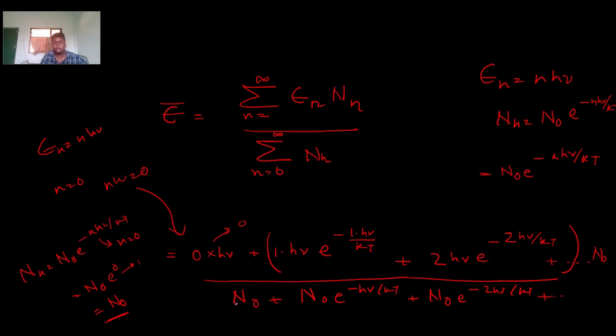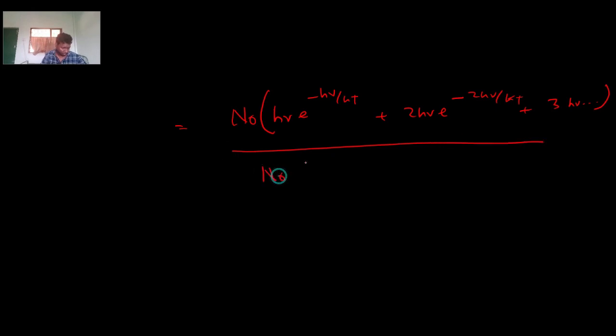If we take this N naught common, then in the numerator we have h nu e to the power minus h nu by kT plus 2h nu e to the power minus 2h nu by kT plus 3h nu, and it goes on like this, divided by N naught times 1 plus e to the power minus h nu by kT plus e to the power minus 2h nu by kT, and this goes on.